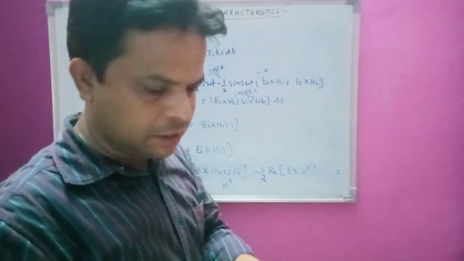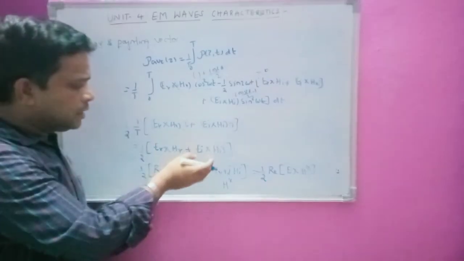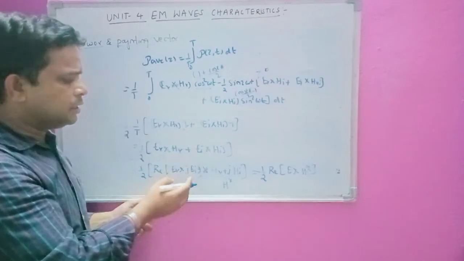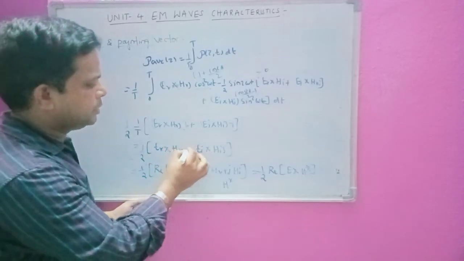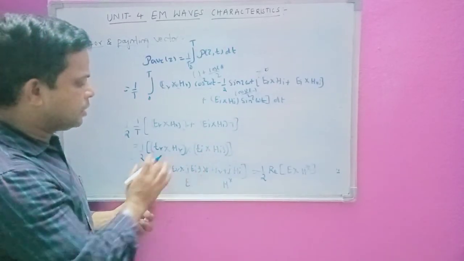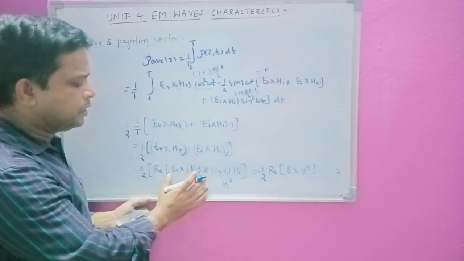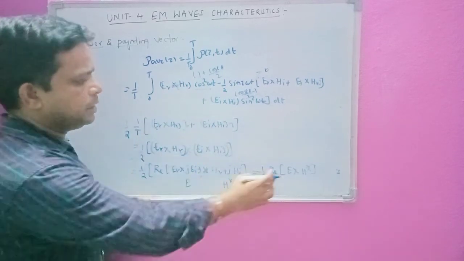Hope you are getting this one. I am doing it in short and omitting some steps here, so hope you can understand. I am just taking E_R cross H_R, that is the cross product of E_R cross H_I. After cross producting this one, if I take the real part, this will be equivalent to this one. So I am writing this in the short form like this.